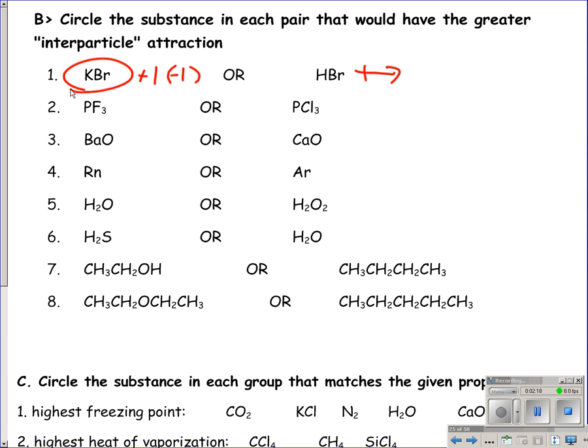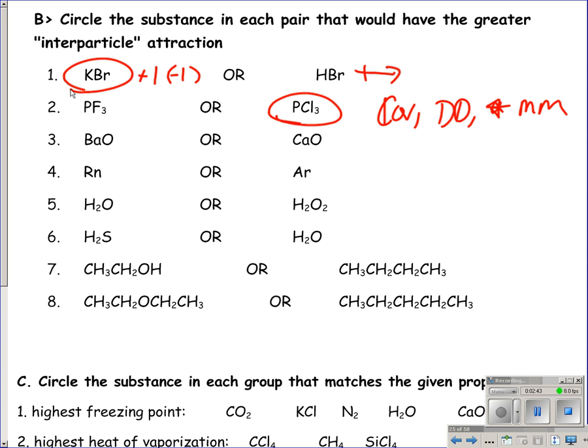Because with molar mass, you bring extra protons and extra neutrons, right? Neutrons don't do a darn thing. They just make it heavier. But with more protons comes more electrons. So who's going to have more electrons to play with here? PCl3, because it weighs more. So we have covalent all the way, dipole-dipole all the way, so the star of the show here is going to be the molar mass when you're comparing them.